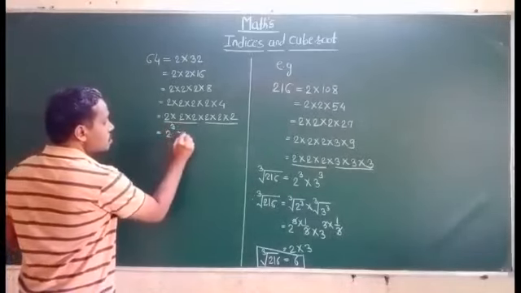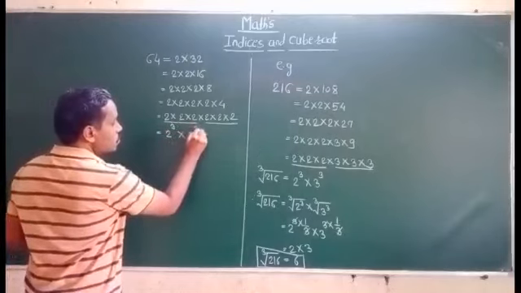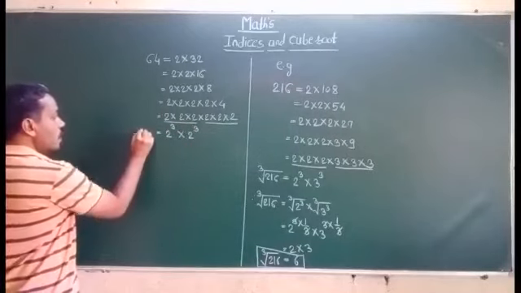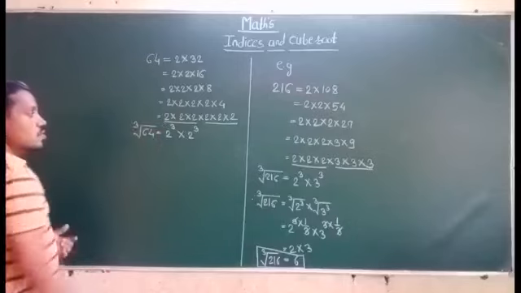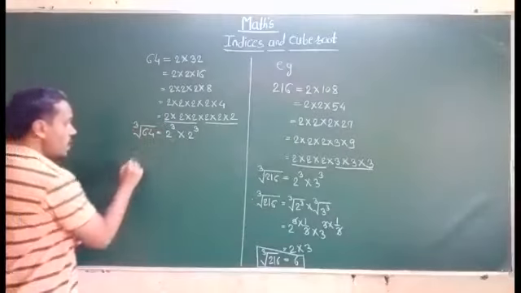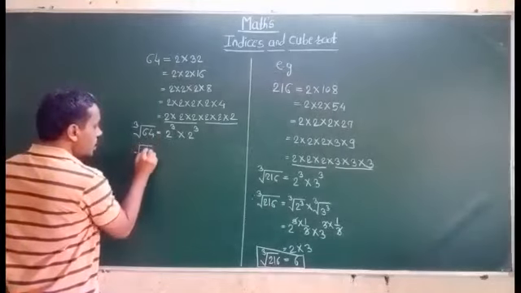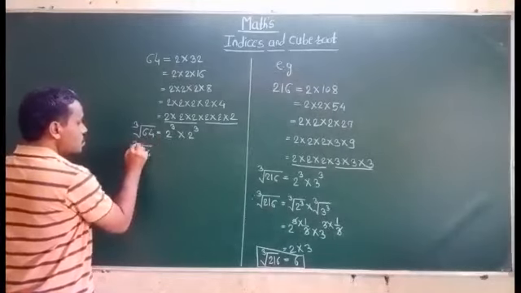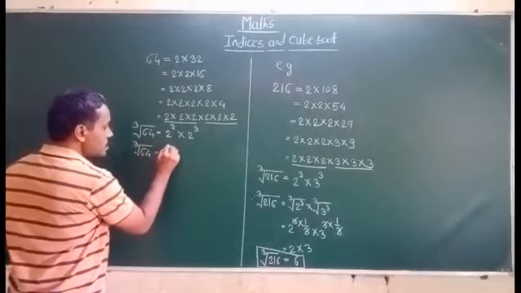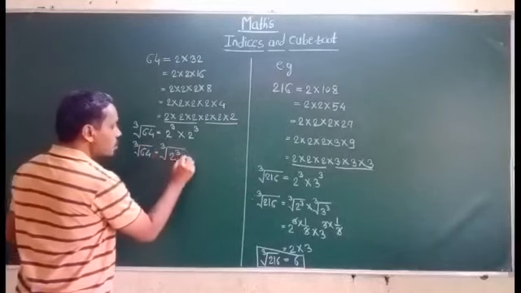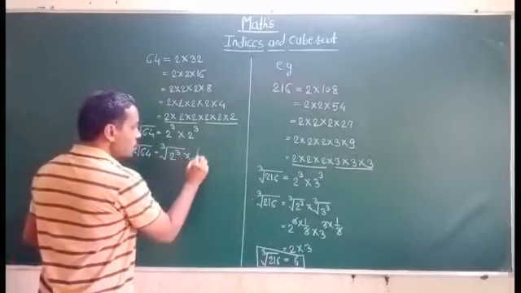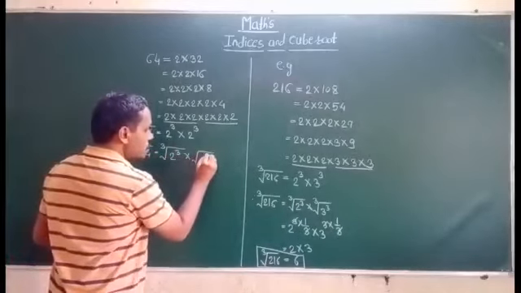That means 2 cube into 2 cube. So we have to find the cube root of 64. We write the cube root of 64 in the radical sign, that is, the cube root of 2 cube into 2 cube.